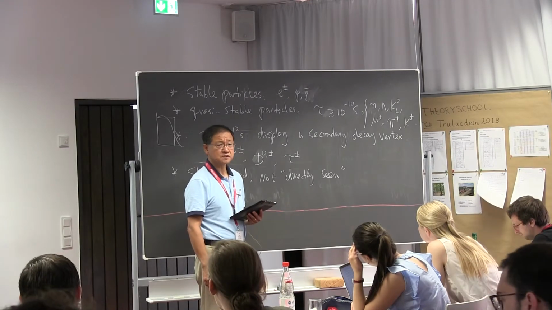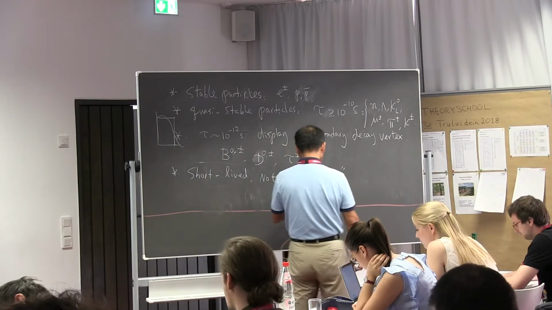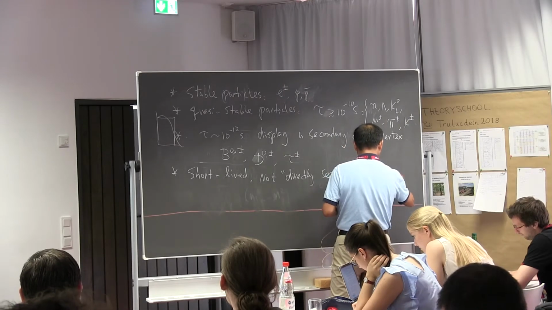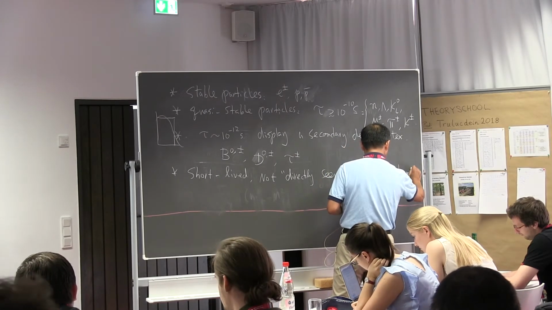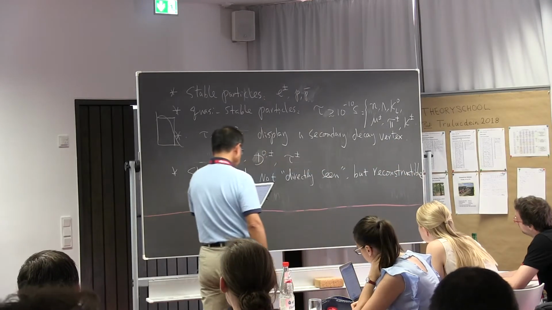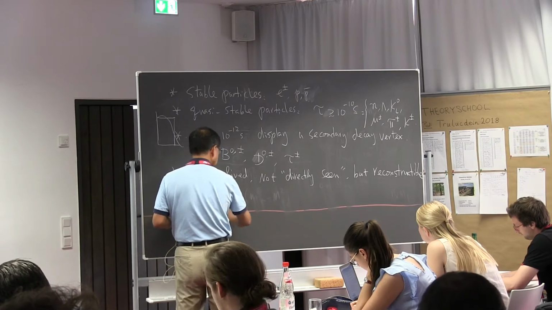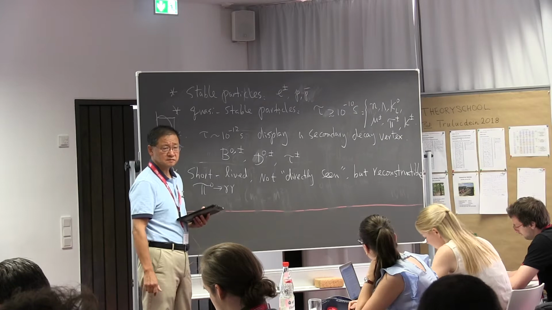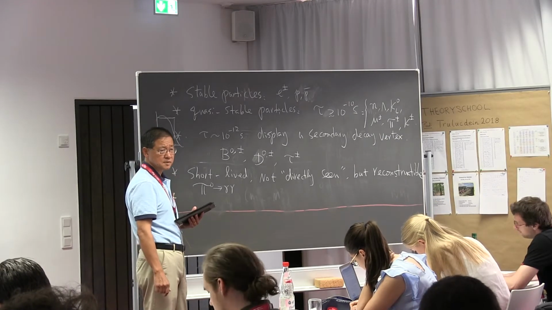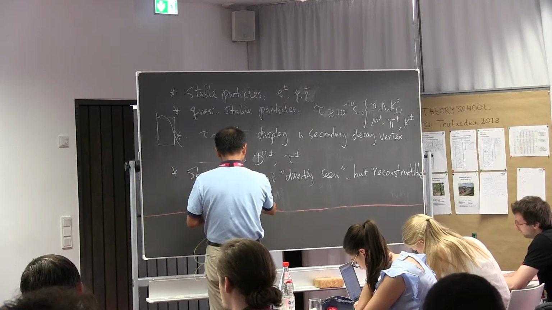However, we reconstruct it from the decay products. So not directly seen, but reconstructible. Examples include pi-0 electromagnetic decay. It's rather fast, electromagnetic, I think 10 to the minus 14, 15-ish, but quick enough. And other things like rho.